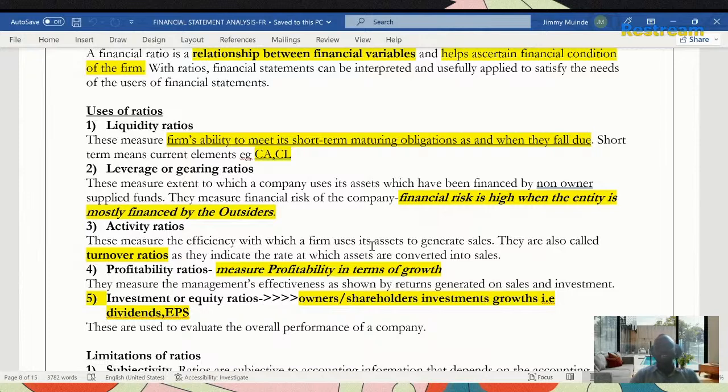Basically, these are external persons. These are not the shareholders, but the financiers, such as debt holders, loan holders, and loan note holders, amongst others. So the leverage ratio shows us to what extent the company is financed by non-owners.